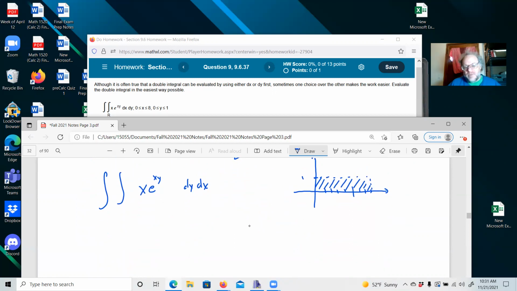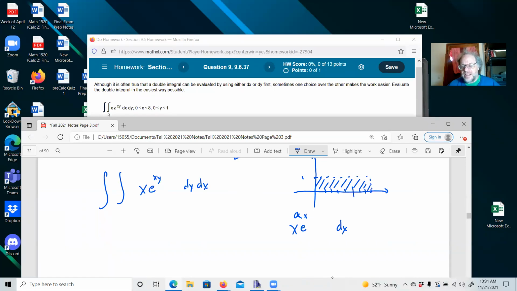Now I want you to take a look at this. x e to the, we'll say kx. Because y is effectively a constant if I integrate with respect to x first, or ax. Do you remember doing a problem like this at the beginning of the semester?